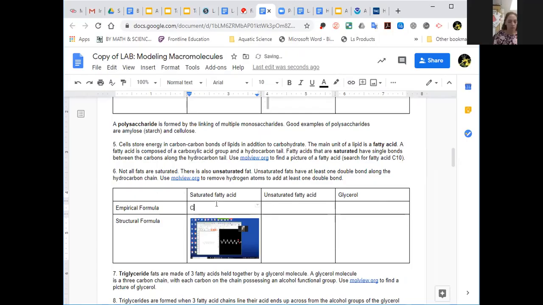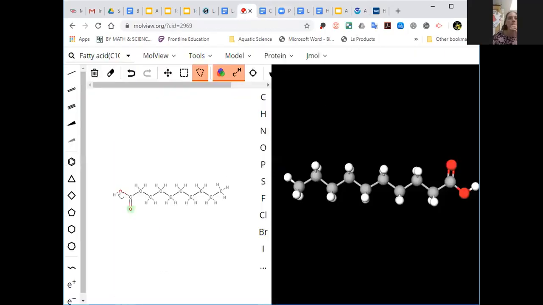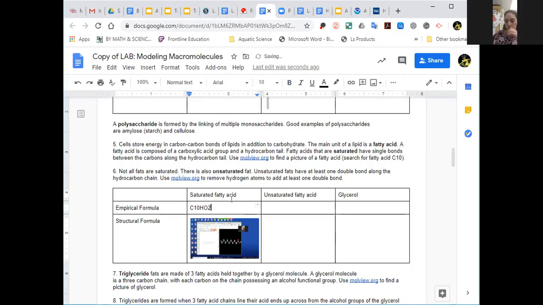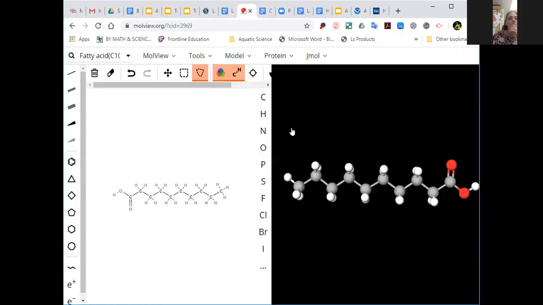So we know this is C10. Need to count how many hydrogens and oxygens there are. So there are 2 oxygens, that's easy. For hydrogens, I've got 1, 2, 3, 4, 5, 6, 7, 8, 9, 10, 11, 12, 13, 14, 15, 16, 17, 18, 19, 20.